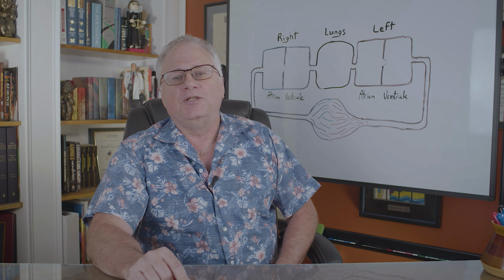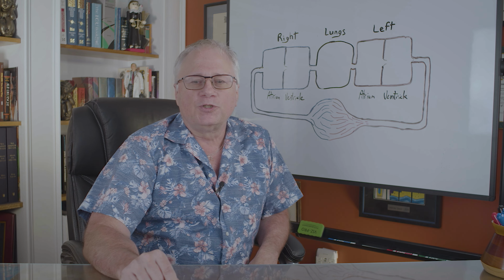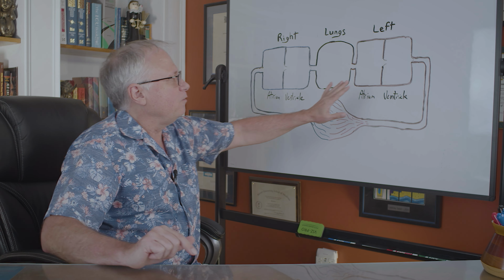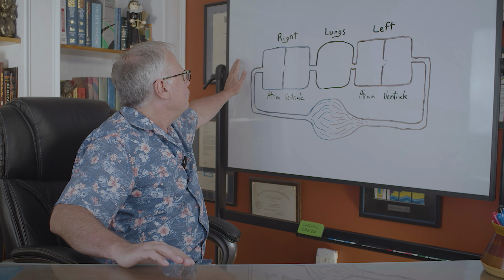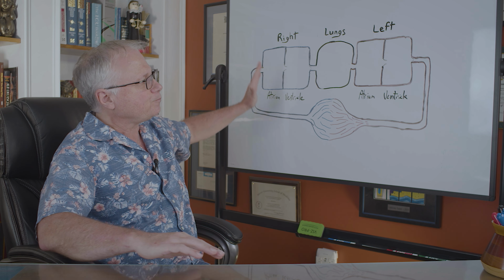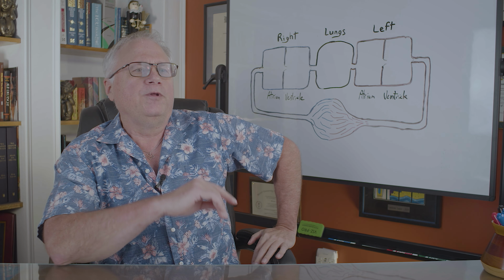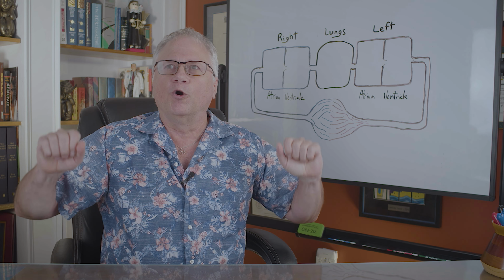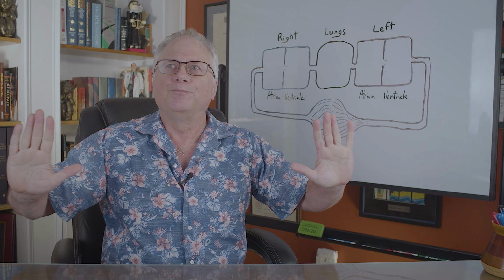But in addition to decreasing the afterload, it also decreases the preload. And think of preload as being on the left side of my drawing. Think of preload as standing behind a car and pushing it up a hill.